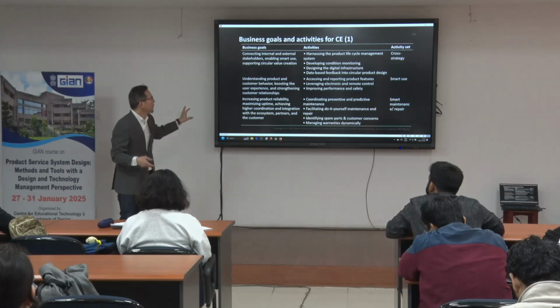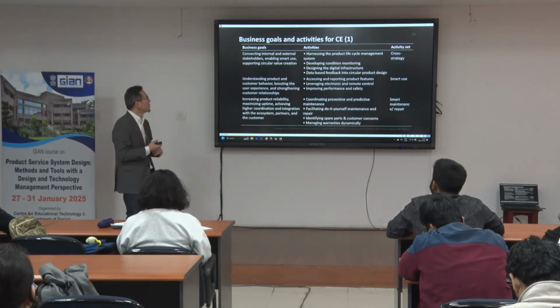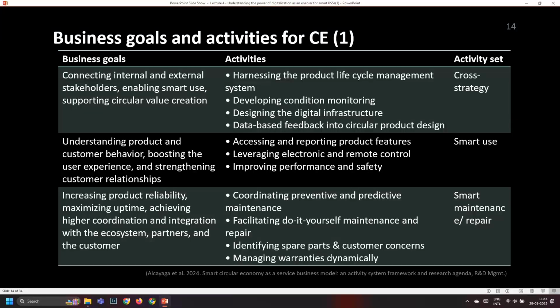The upcoming two slides explain how digitalization can contribute to realizing circular economy motivated business offerings. In many cases, they are relevant to product service systems.